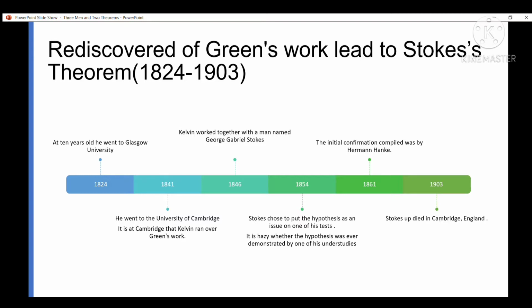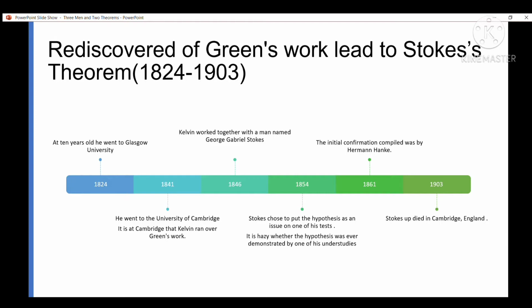So in 1846, Kelvin worked together with a man named Gabriel Stokes. In 1854, Stokes chose to put the hypothesis as an issue on one of his tests.